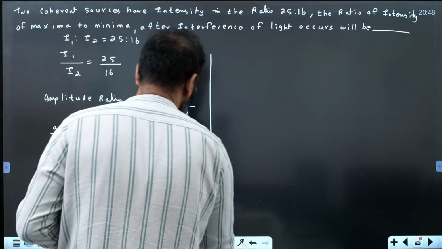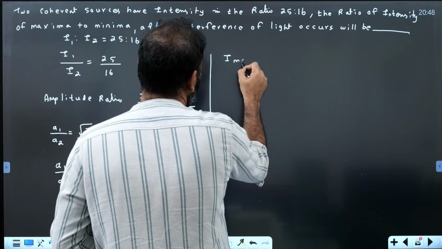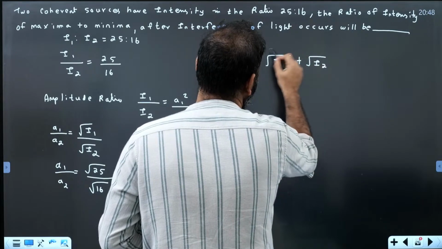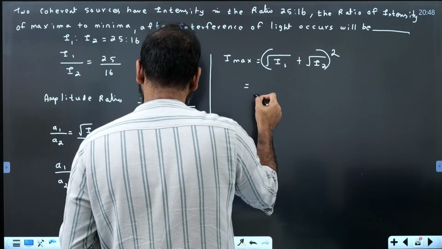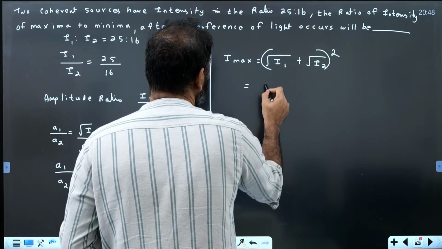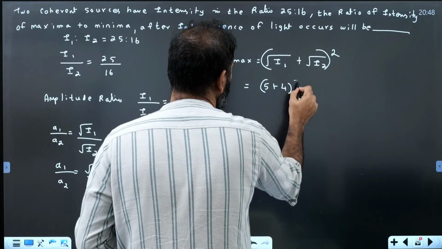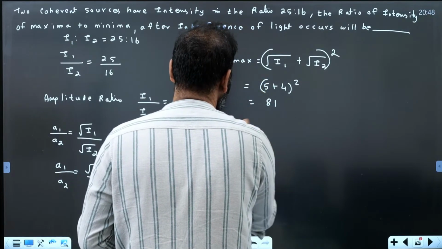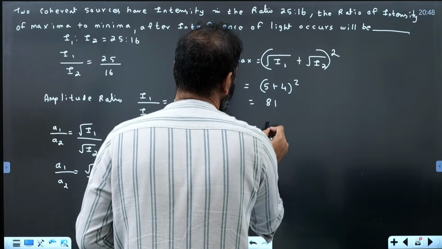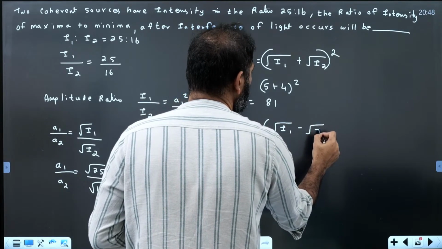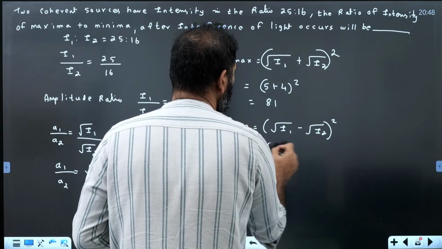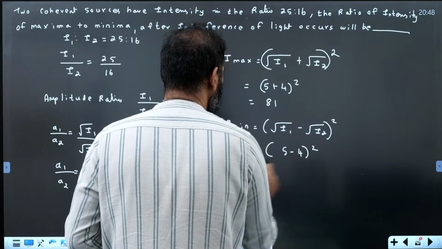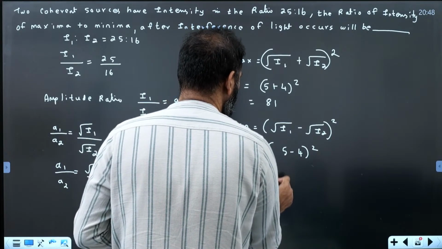And now what we have to find out? The ratio of maximum to minimum. So Imax is equal to root I1 plus root I2 the whole square. That is maximum intensity. We have studied this equation. Root I1 is 5, plus 4, the whole square, so 81. And Imin will be root I1 minus root I2 the whole square, which is 5 minus 4 the whole square, that is Imin equal to 1.